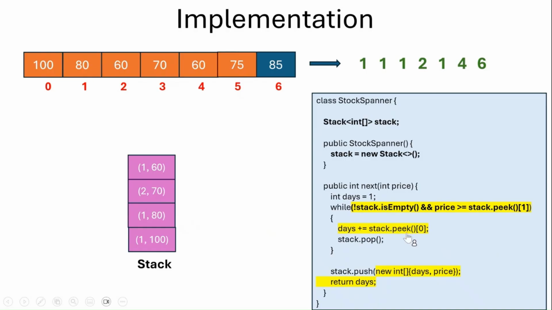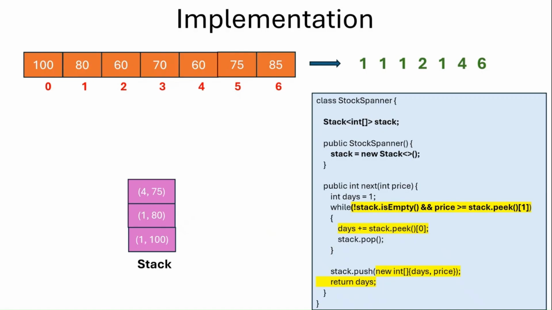So it will go into the while loop. 1 plus 1, which is 2, days become 2. Then again it will go into the while loop because 75 is greater than 70. So there is a previous day where the stock value is less than 75. So 2 plus 2 is 4. Now 75 is not greater than 80, so it will come out of the while loop. Now 4 comma 75 will be added to the stack, and 4 will be returned as an output.